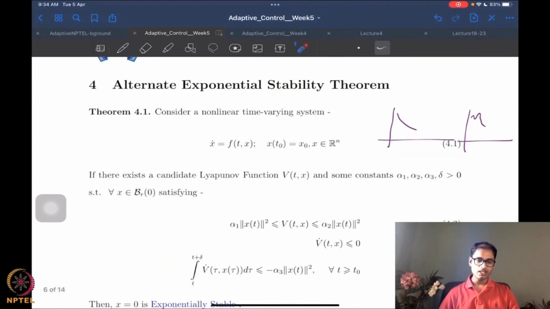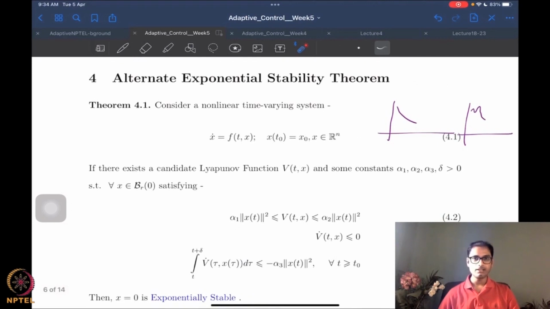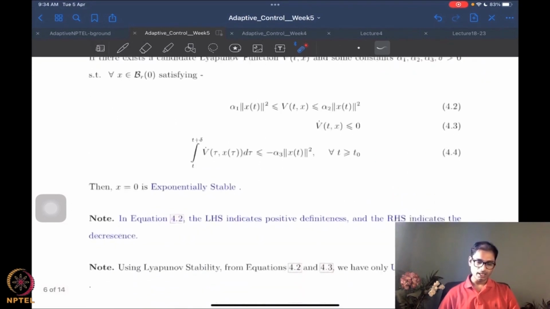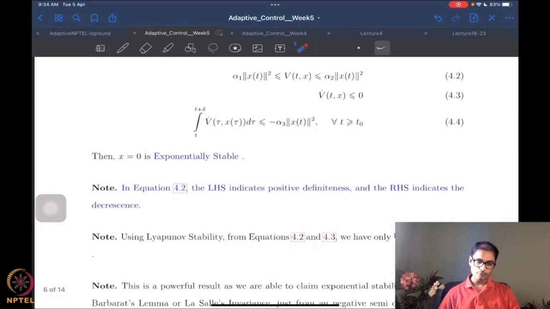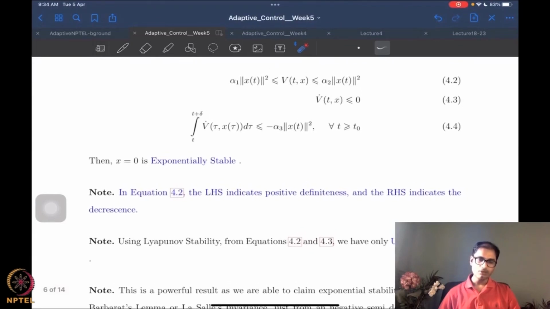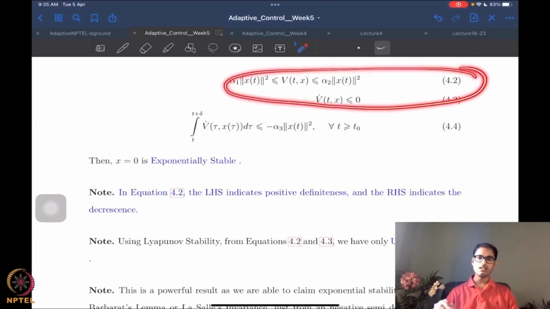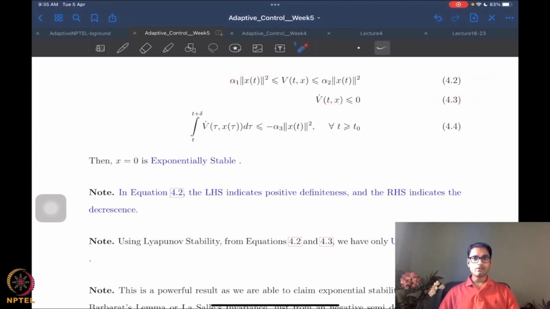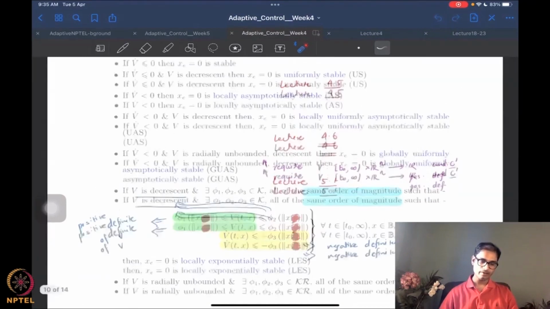This is a very nice alternate exponential stability theorem. The important thing to remember is that if I was just looking at equations 4.2 and 4.3 using standard Lyapunov theorems, I would just have uniform stability and nothing more, because this is just what we have.